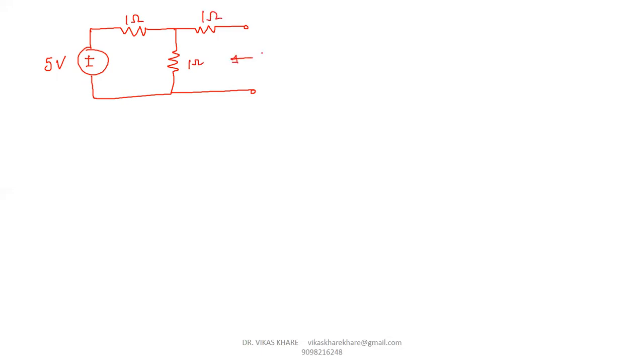Now we find R equivalent, or Thevenin's resistance, at the terminal of AB. Then what is the process to identify R equivalent? Normally it is a series and parallel connection, but after the elimination of the battery, maybe voltage source or current source.